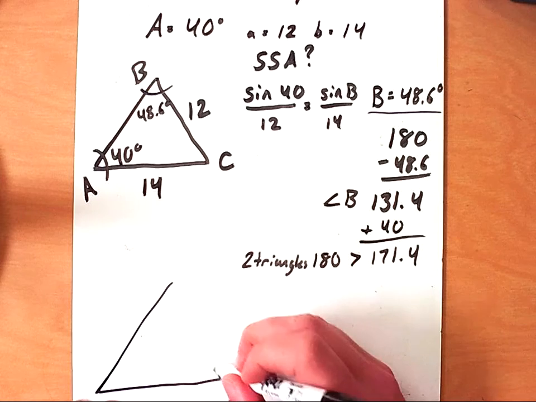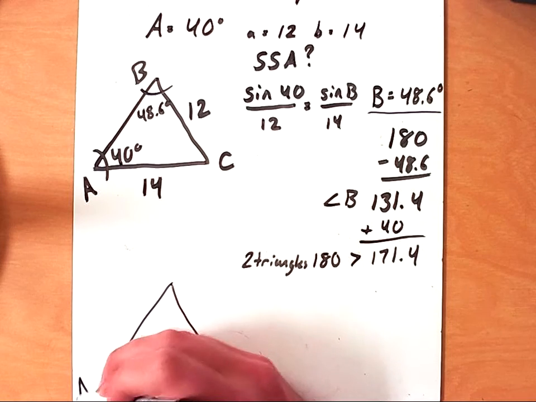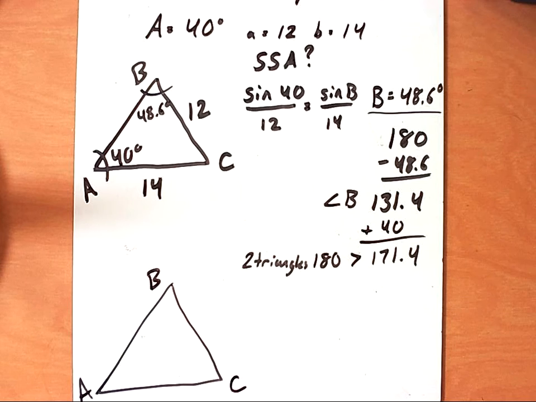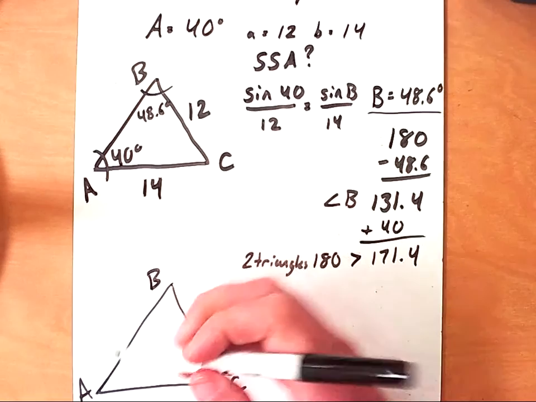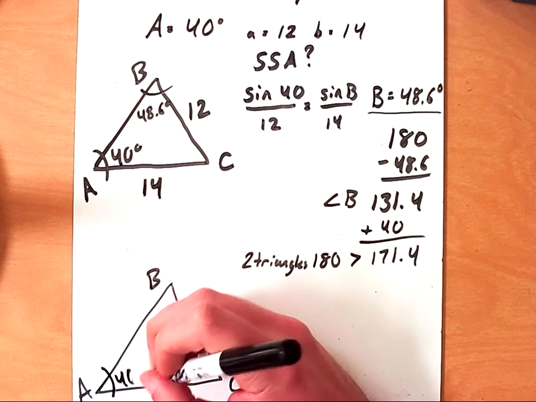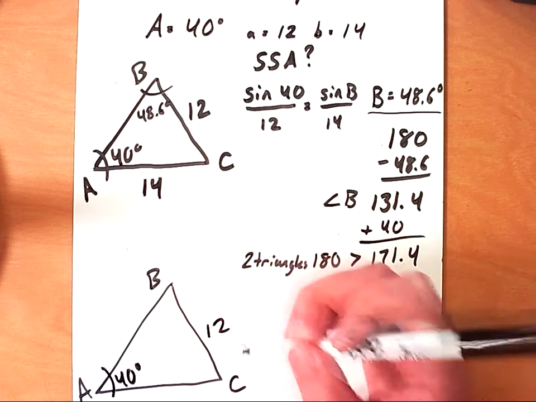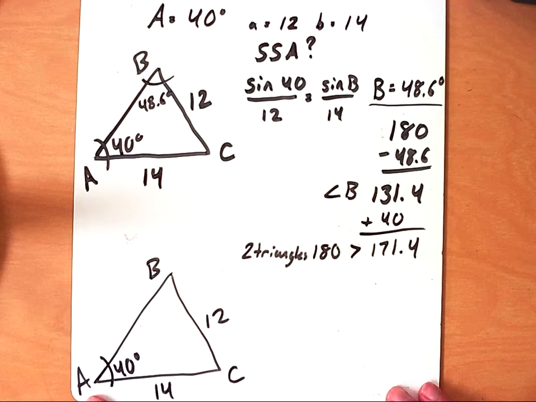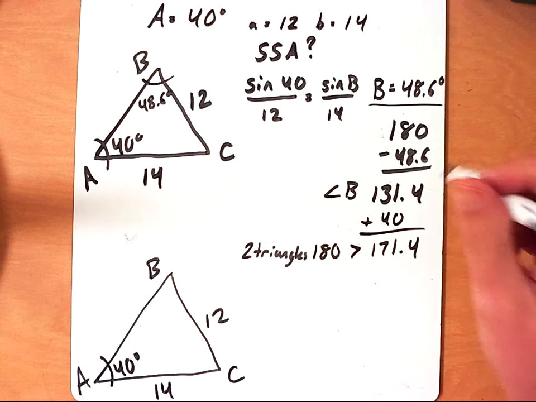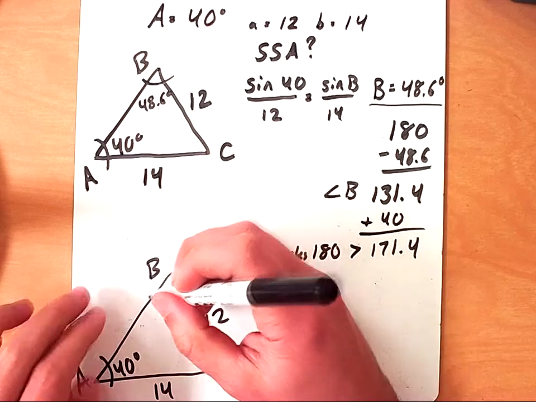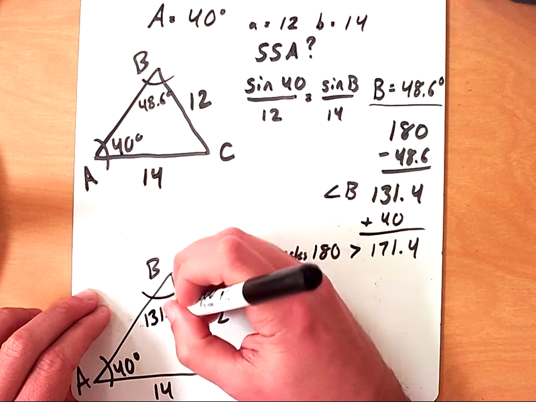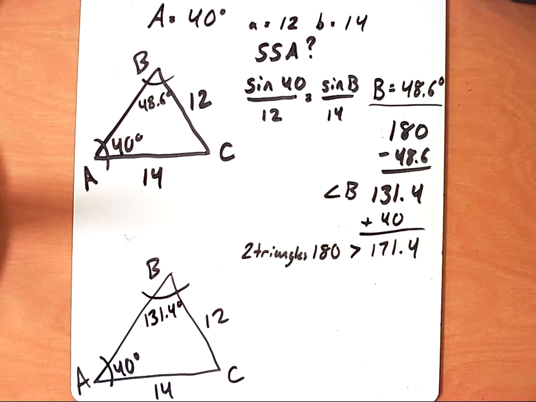Again, I'm not worried about drawing it to scale because we're going to label it A, B, C. All right, all of your original information, A equals 40 degrees, side A equals 12, side B equals 14, all of that is going to stay. Okay, so none of that information changes. All right, and now we have our new angle B. It's going to be 131.4, so I want to go ahead and fill that in.